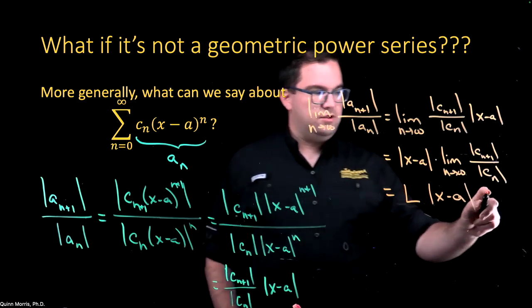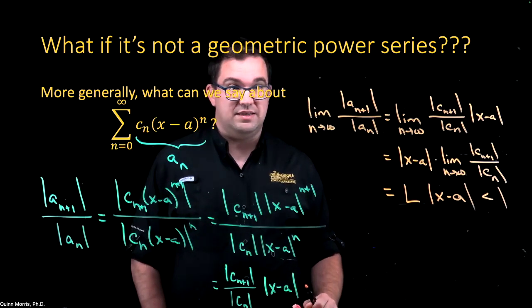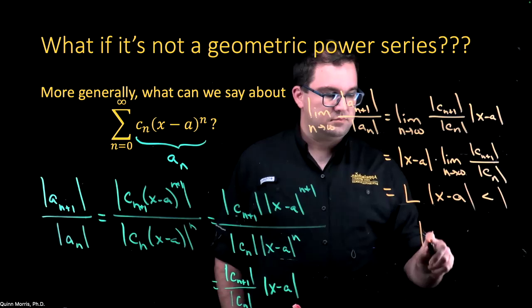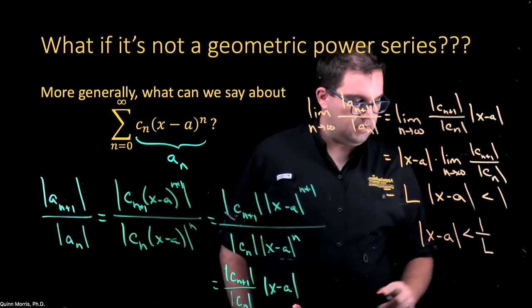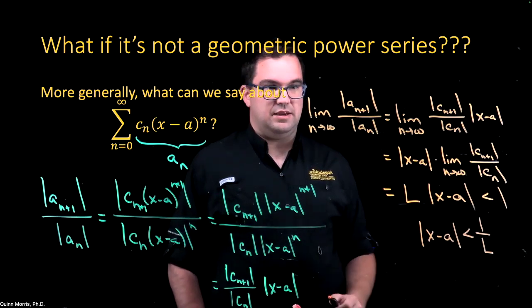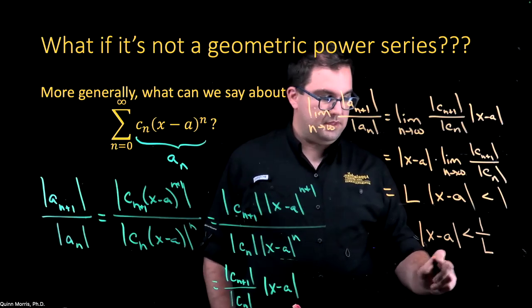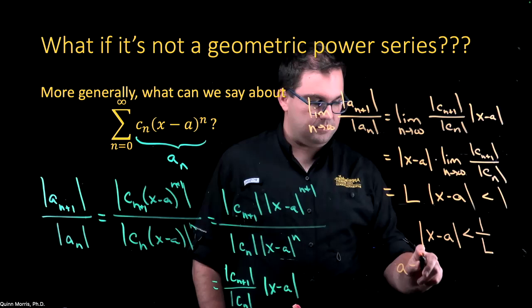And so then I would need to look and say, well, is this less than 1? Because if it's less than 1, I'm guaranteed convergence. So what we would get is an inequality that looks like this, which if we do a little manipulation of the inequality would give us this.